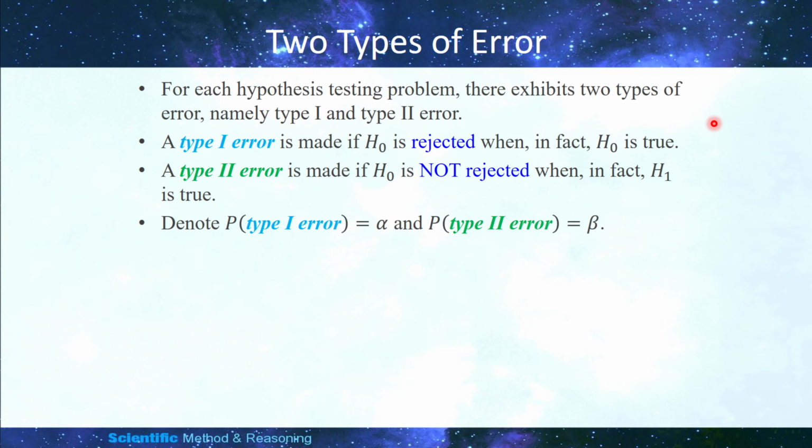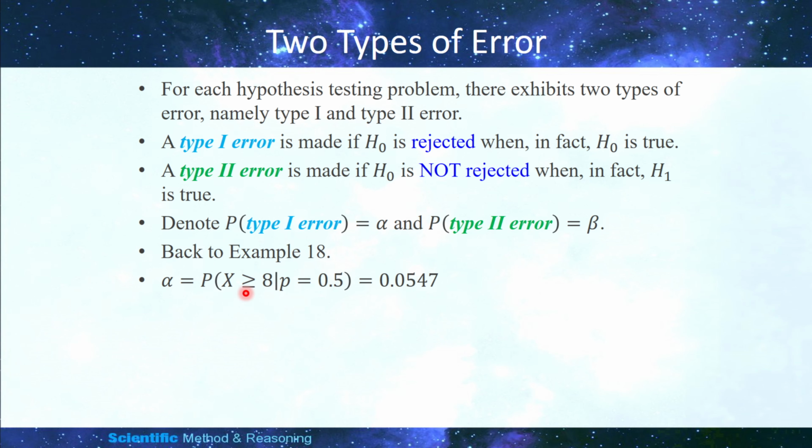And we denote the probability of committing a type 1 error by alpha and the probability of committing a type 2 error by beta.